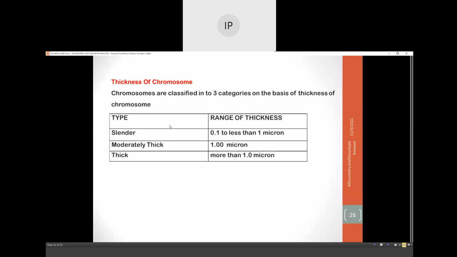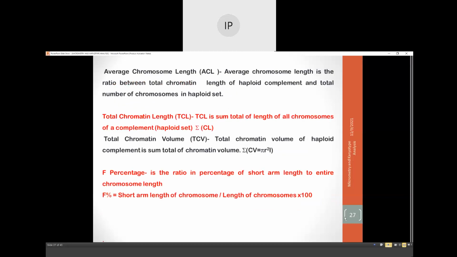Now thickness of chromosome. Chromosomes are classified into 3 categories on the basis of thickness of chromosomes: slender if it is less than 1 micron, moderately thick if it is 1 micron, and thick if it is more than 1 micron. Average chromosome length is the ratio between total chromatin length of haploid complement and total number of chromosomes in haploid set, that is the mean chromosome length.